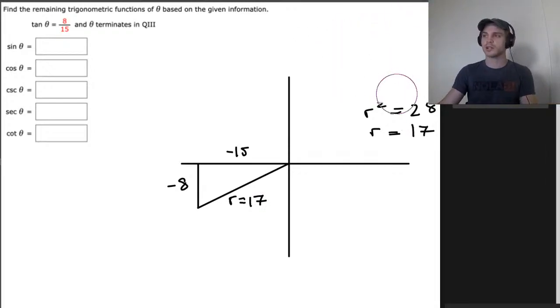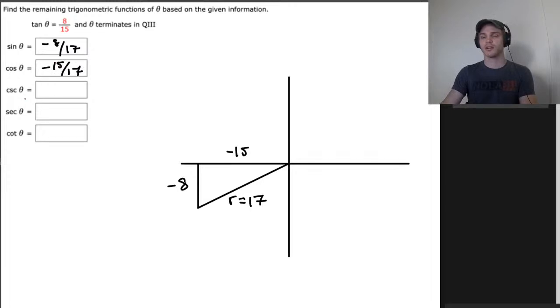We can use these sides to make our relationships. Sine is the y over the hypotenuse, so negative 8 over 17. Cosine is x over the hypotenuse, so negative 15 over 17.